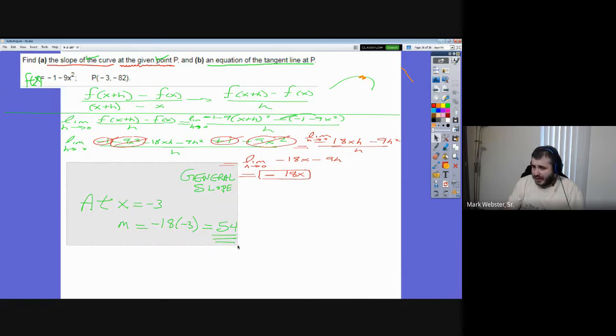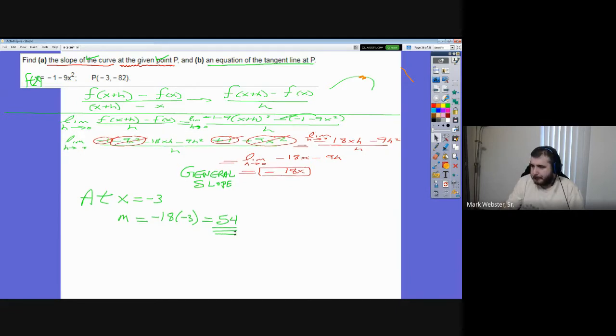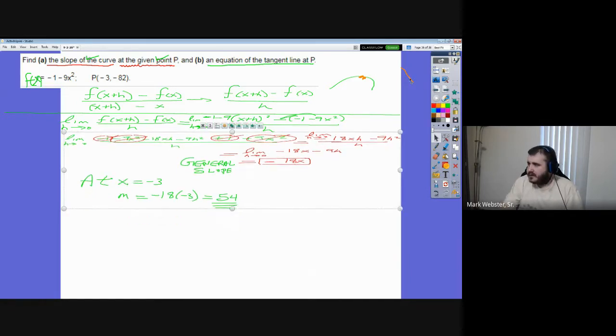A tangent line is the line that has the same slope at that spot as the function at that spot. So normally we're going to see a tangent line.